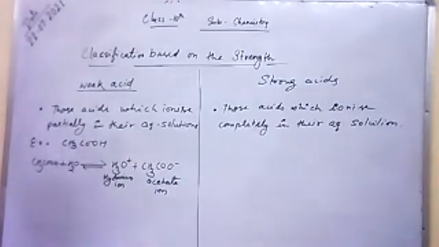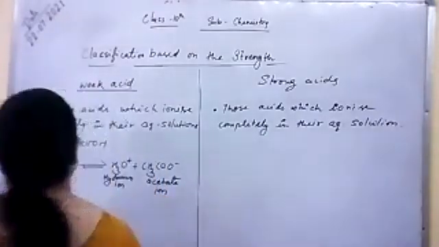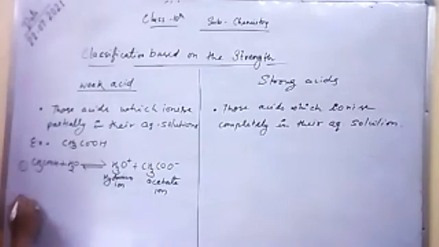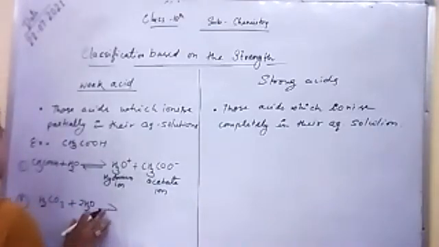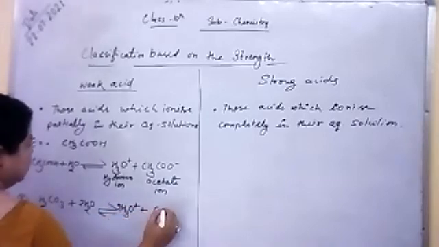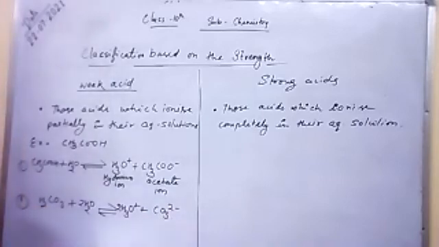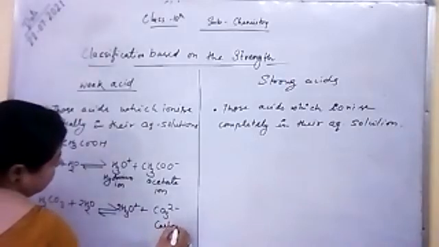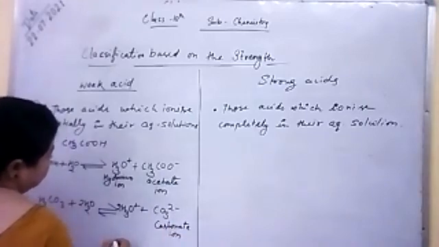Now, we can take another example of this also, like H2CO3 plus 2H2O. When this will ionize, it will ionize like H3O+ plus CO3 2-. Okay, so this is called carbonate ion. And this is called hydronium ion.